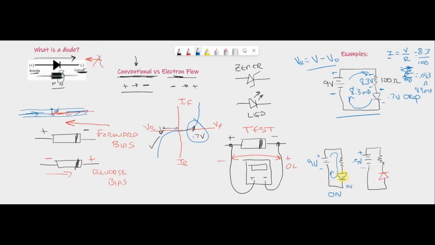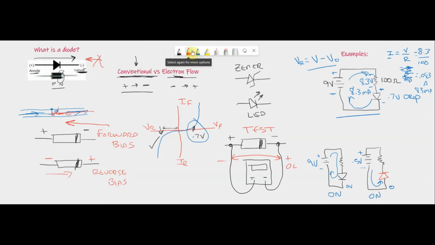Now, if we look at this one, I have a minus 5 here and I have a 0 here. Because of that, this potential here is less than this potential here. So therefore, current is conventionally going to go this way, and this one is also going to be on.